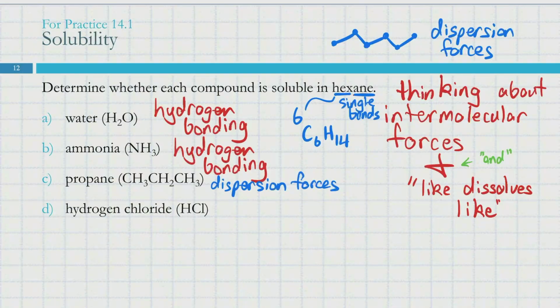We're just thinking about the intermolecular forces. We'll get to the like dissolves like. And then HCl, just hydrogen bonded to chlorine. What's our strongest intermolecular force there? Yeah, it's polar, so it's got dipole-dipole forces.